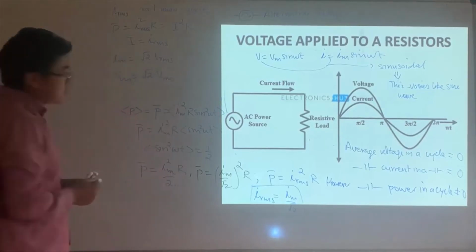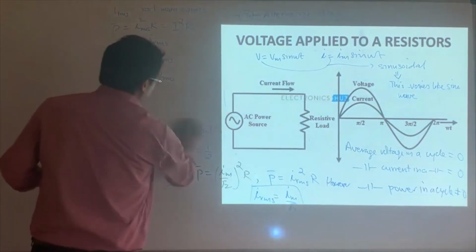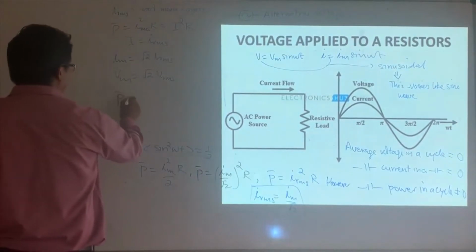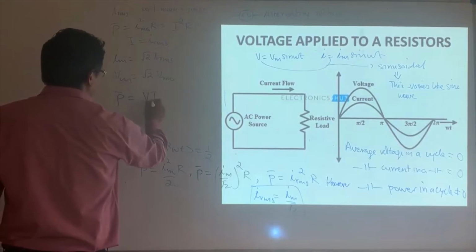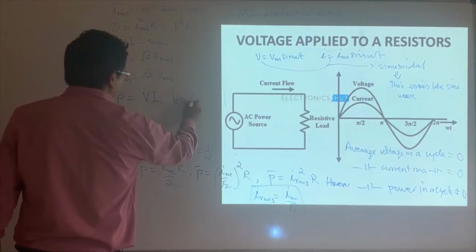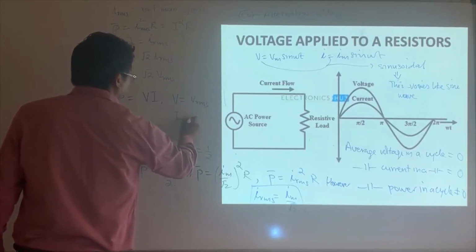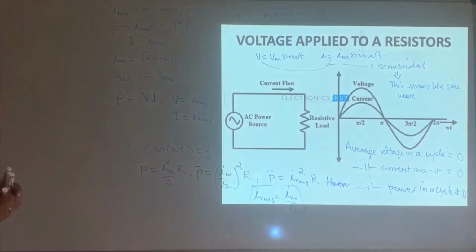That you should keep in mind. So I can rewrite the average power as VI, where V is equal to VRMS and I is equal to IRMS. This is the power.